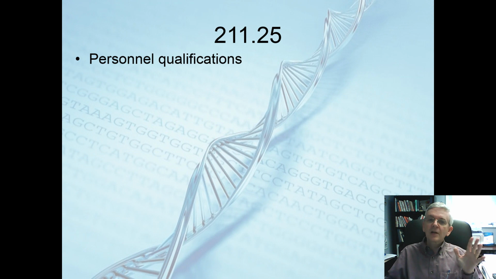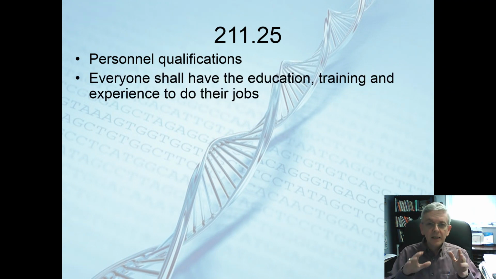211.25, personnel qualifications, talks about what you have to have in order to operate in your company. Everyone, underline that, everyone shall have the education, training, and experience, or a combination thereof, to do their job. So what job do you do? And how shall I know as an inspector that you have the education, training, and experience to do that task? Where is it?